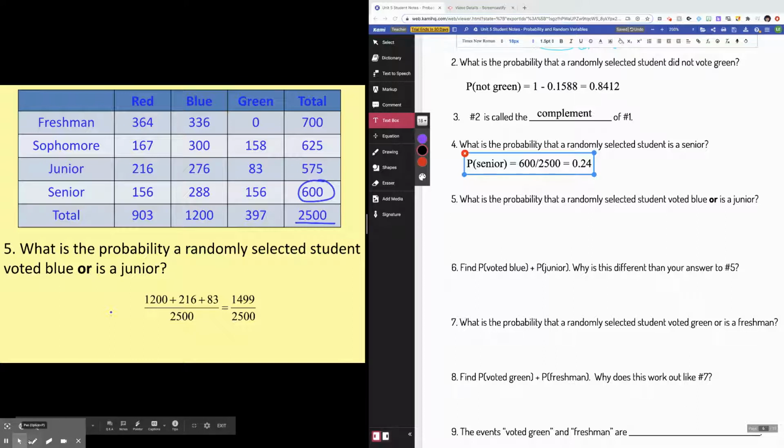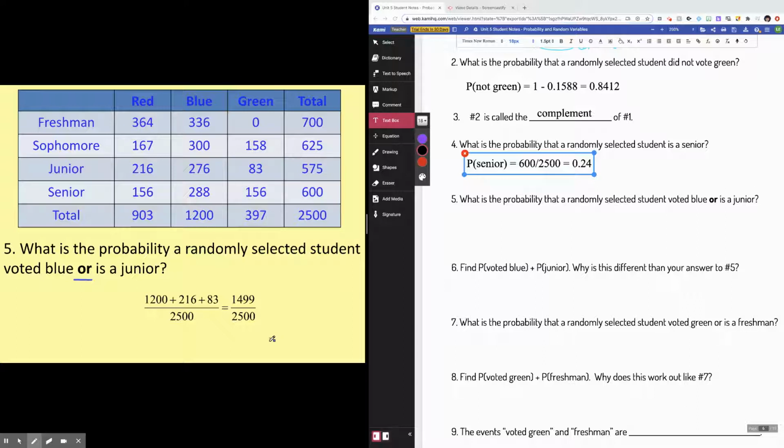Okay. Now, this next question asks, what's the probability that a randomly selected student voted blue or is a junior? Now, the word or means something different in the English language than it does in probability terms, okay? In the English language, when you hear the word or, you usually think, well, I'm going to do either this or this, but I won't do both, right?